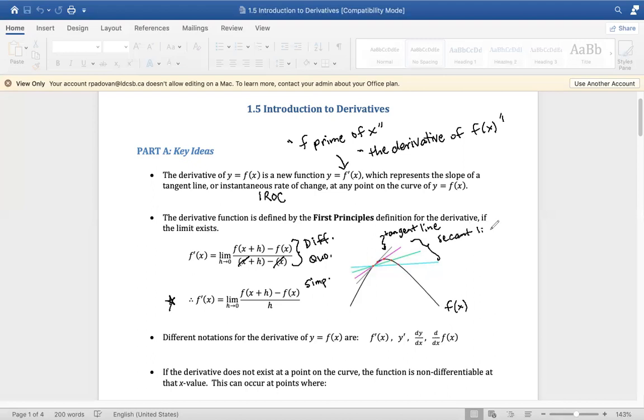So just to go over an example, if you remember from before, what we did was choose a point right beside my tangent point. If I wasn't able to get the instantaneous rate of change, I needed to use the average rate of change. And so I chose a point right beside it.